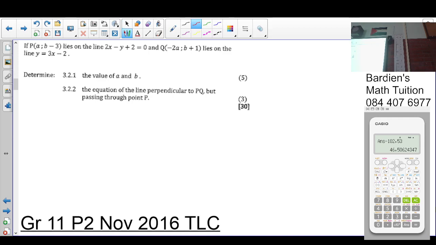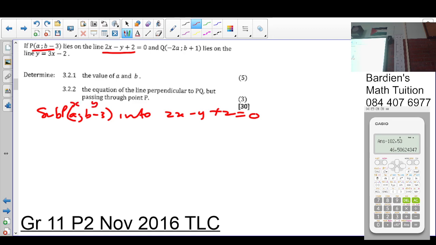So if this point is lying on that line, we'll substitute P, which is (a; b minus 3), into 2x minus y plus 2 is equal to 0. Of course, you don't have to write this down. Okay? So, remembering that's an x and a y.